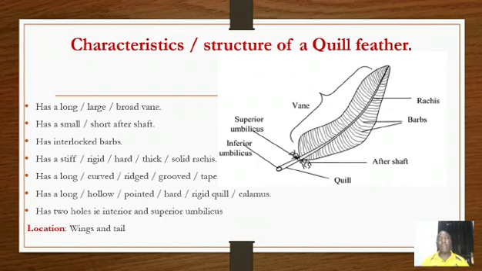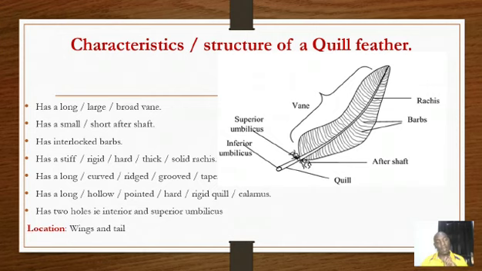But then above it, along the quill, there is another part called the after shaft. Now the point where the after shaft originates is known as the superior umbilicus. It's also like a hole.